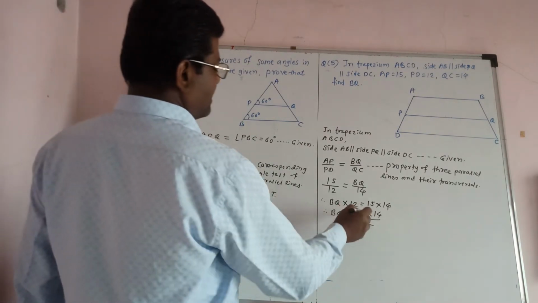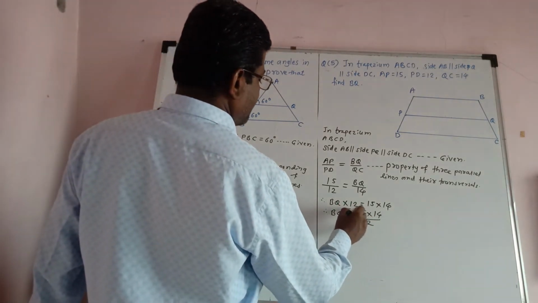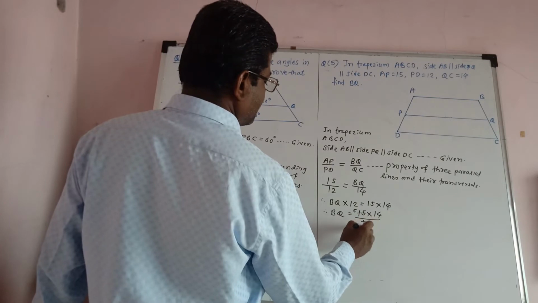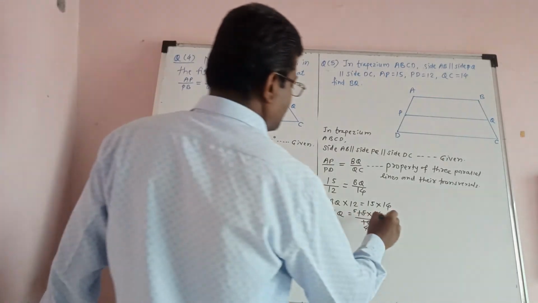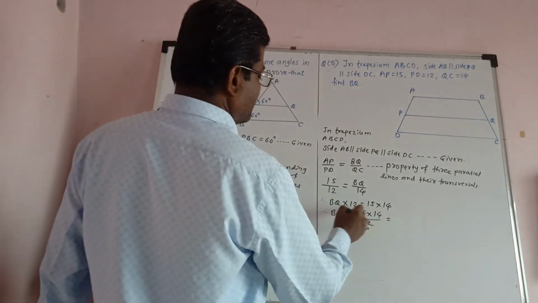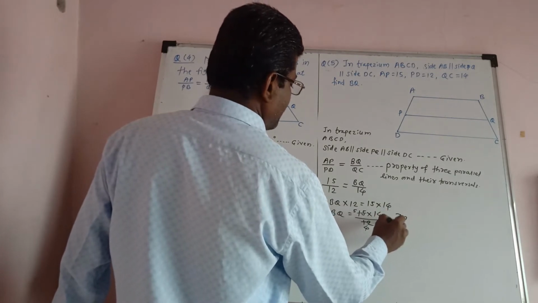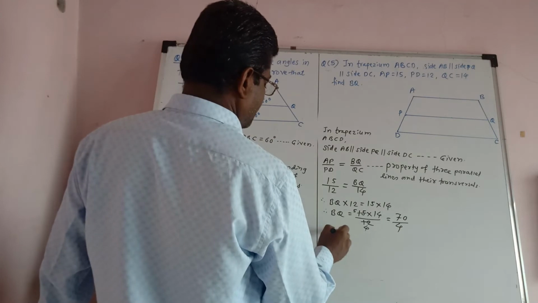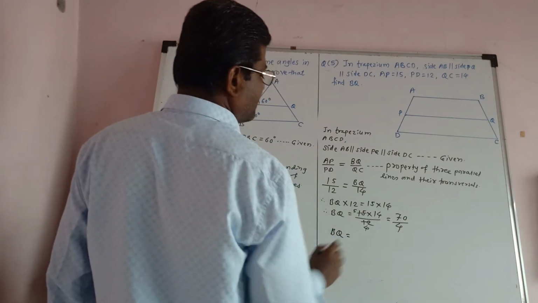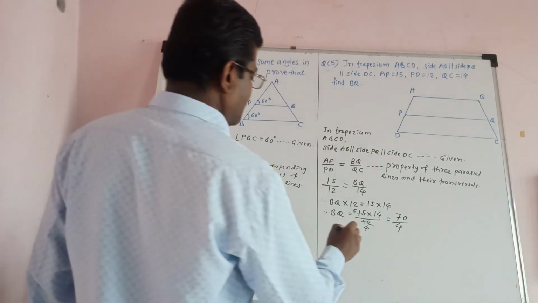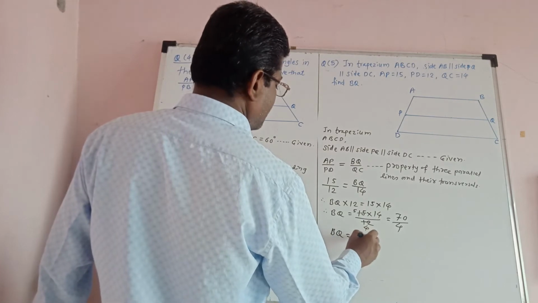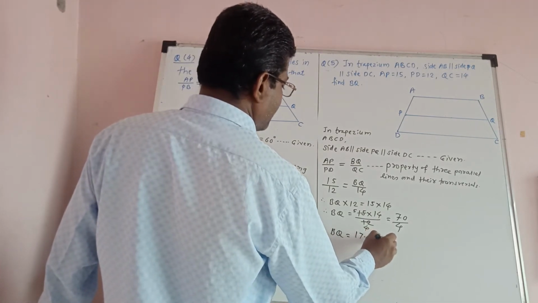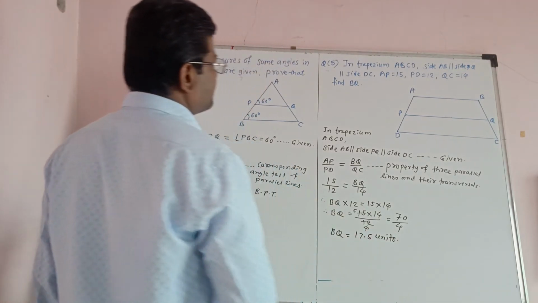Divide this 15 and 12 by 3. 3 5s are 15, 3 4s are 12. Therefore, we have 14 into 5, 70 divided by 4. So BQ is equal to, if we divide 70 by 4, we get 17.5 units.